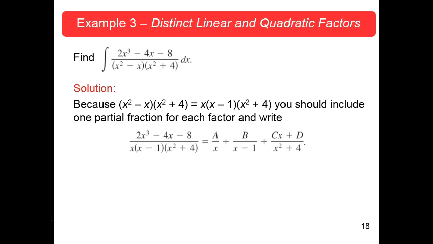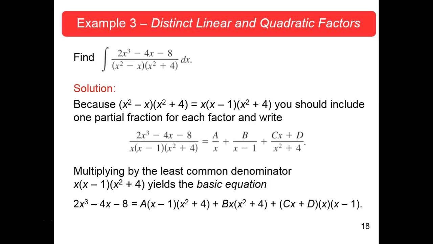Always, the irreducible quadratic factors you write with a linear numerator. The others that are linear or powers of linear, you write with just constant numerators, okay? And then you multiply by the least common denominator, which is that whole big denominator on this side, and that leaves you with 2, the numerator, 2x cubed minus 4x minus 8.